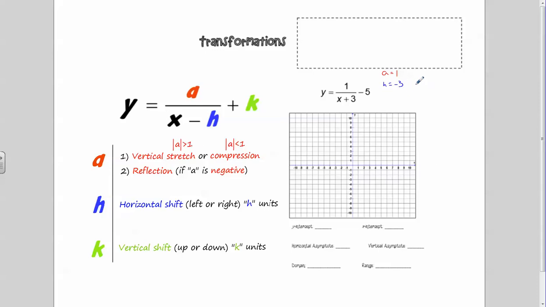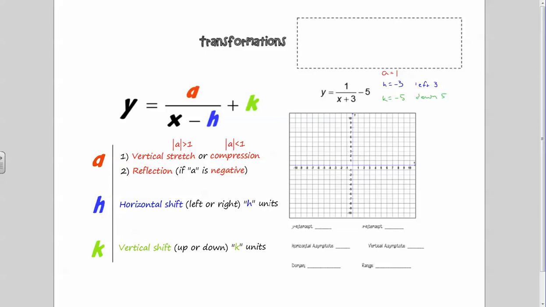So h equals negative 3, which is a shift left 3 units. And then our k value is just this negative 5 over here, which means that we are shifting down 5 units.